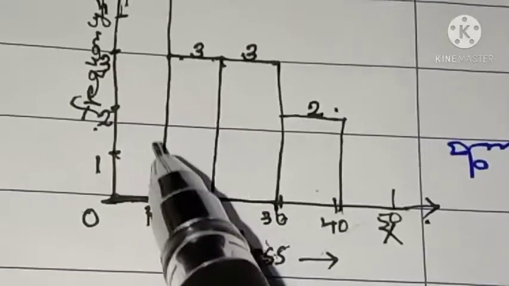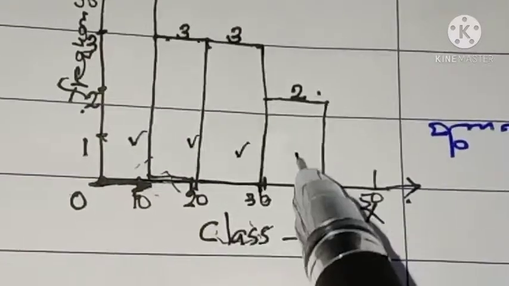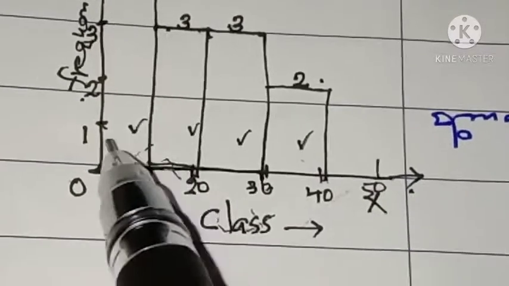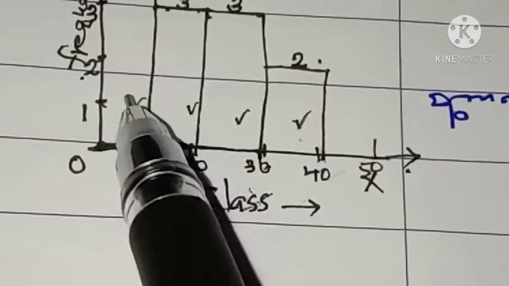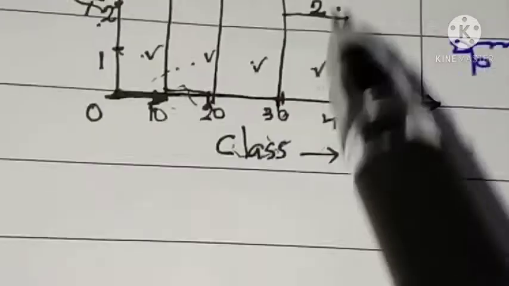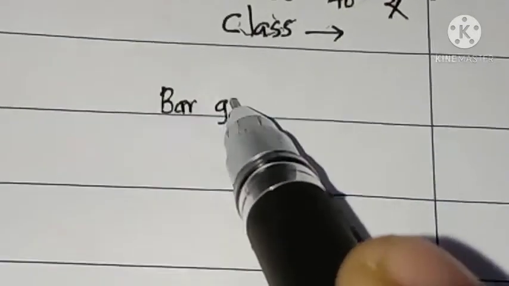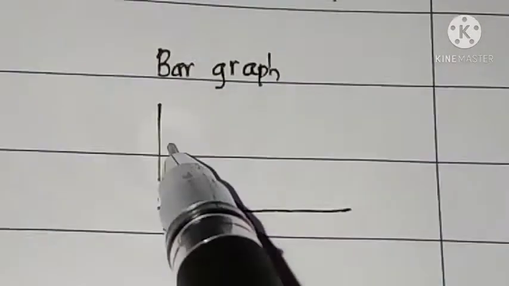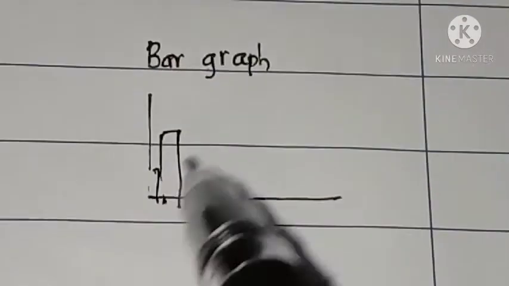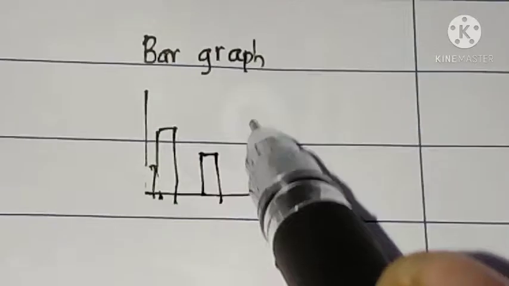You can see that 4 rectangles are here and there is no gap between the rectangles. In the last class we defined a bar graph, where you can see there is equal space between the rectangles.